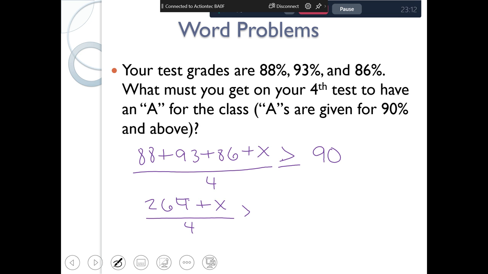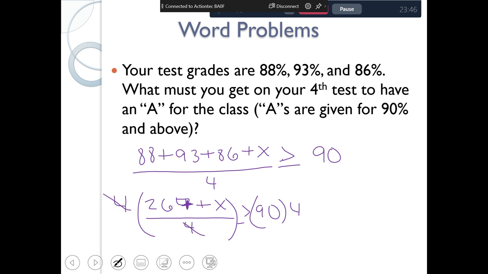Oh, sorry. Thank you. 267. Yes. Now, how do I get rid of my fraction? I'm not doing any rounding up here. So that leaves 90%. So we're going to multiply both sides by 4.